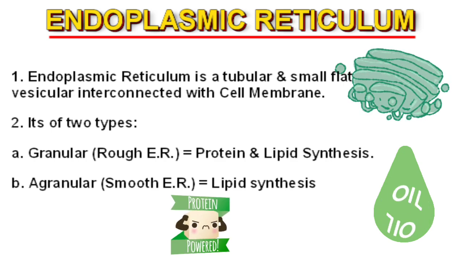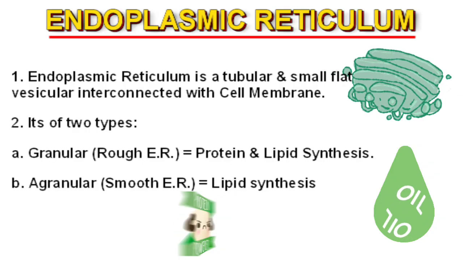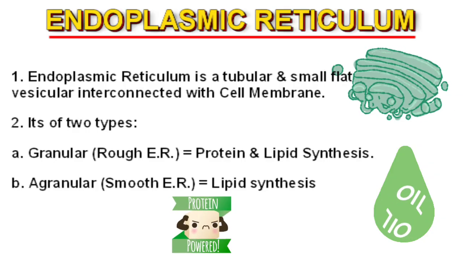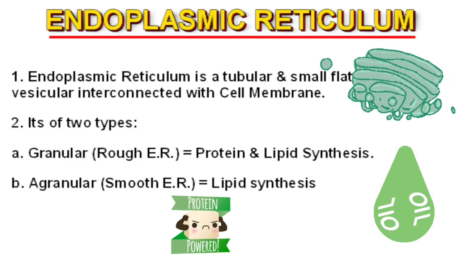Next is the agranular, that is smooth endoplasmic reticulum that only helps in lipid synthesis. The term R in the rough endoplasmic reticulum denotes the ribosomes, and the ribosomes are present in 70S and 80S. The full form of S is Swedberg unit or sedimentation coefficient.